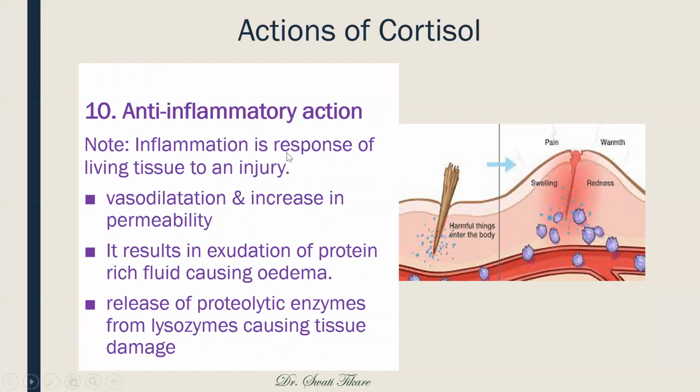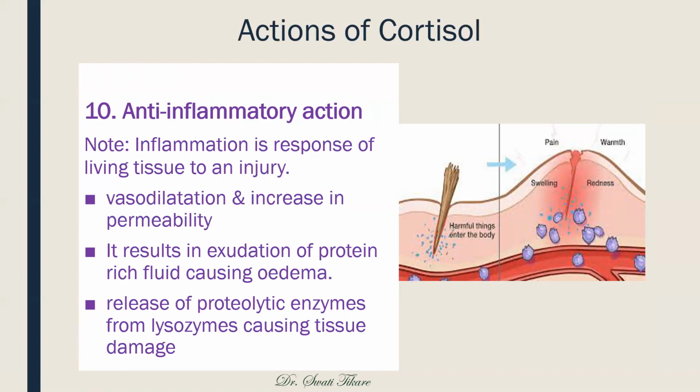Now, what is the action of the cortisol? Anti-inflammatory. It helps to prevent inflammation. But basically, remember, inflammation is trying to tell us that there is something going wrong. Okay, so we need to treat the cause. If it is an infective cause, we may have to give an antibacterial. If it is viral, an antiviral. Or if it is a foreign body, we may have to remove the foreign body. So the ultimate thing is what we have to do.